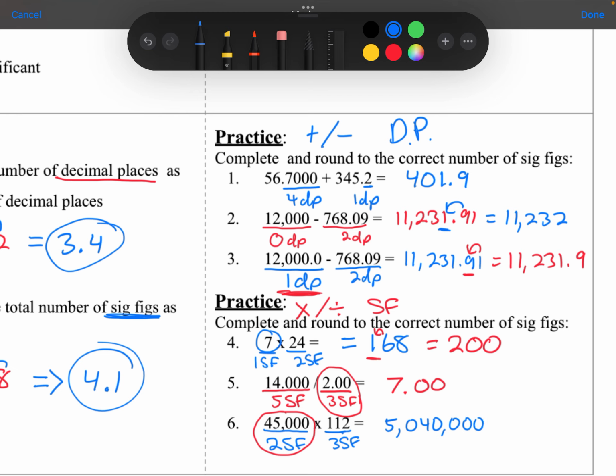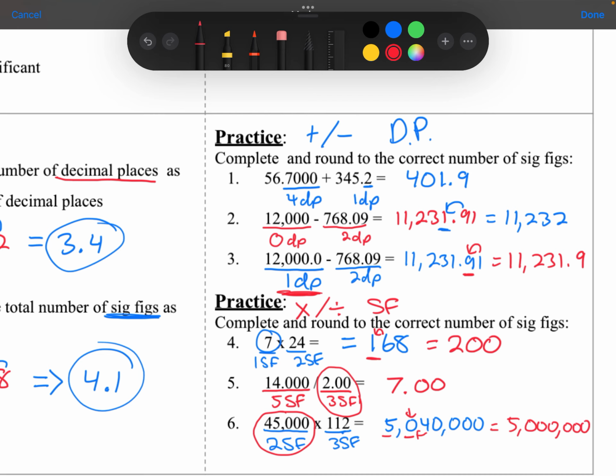That number has 3 significant figures in it, and I only need 2 in my answer. So I'm going to count over 1, 2 places, and this is the place that I'm rounding. That 4 does not round the 0 up. That 0 is going to stay the same, and so I actually get 5 million.